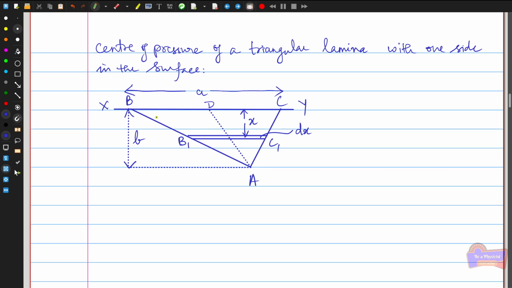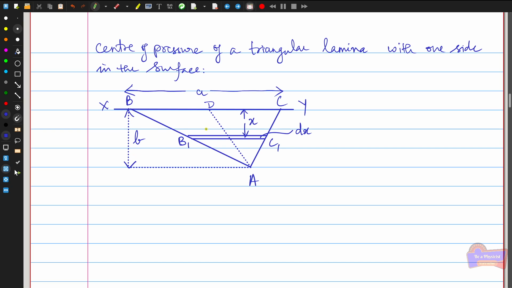In this case, we again consider the same triangular lamina ABC, and the length BC is taken as a, which is on the surface of the liquid. AD is the median of this triangle, and b is the total depth of the vertex from the liquid surface.